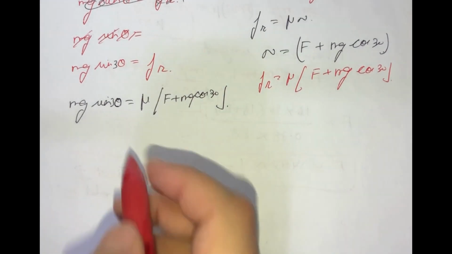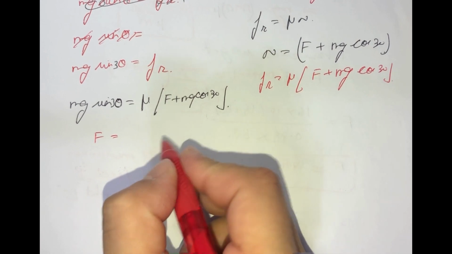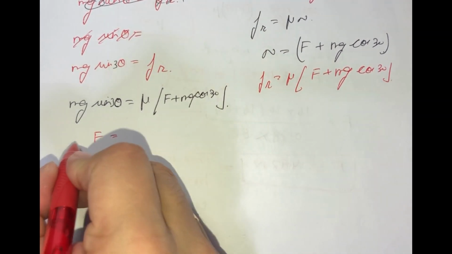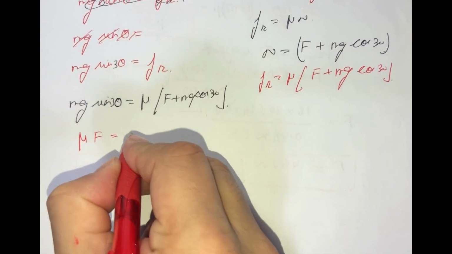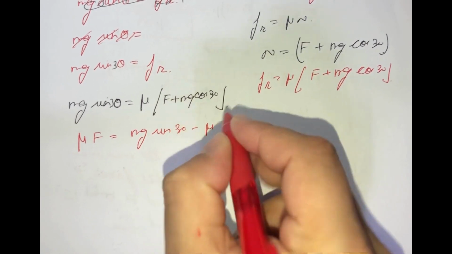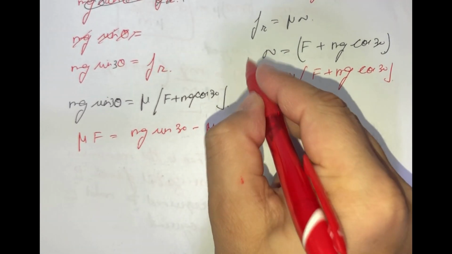So from here we can find out the value of F. Let's open the bracket: we have mu F equal to mg sin of 30 minus mu mg cos of 30.